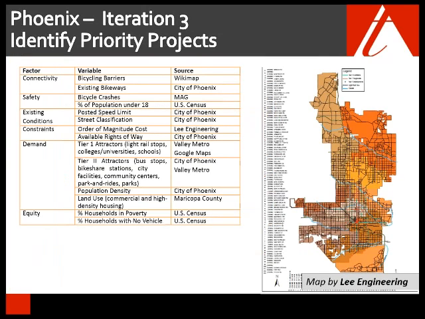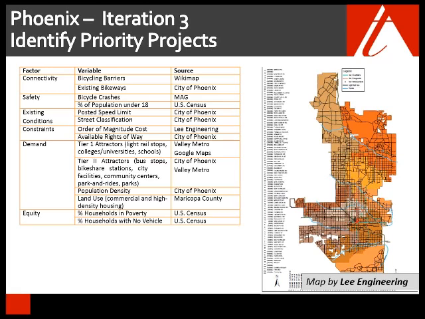In iteration 3, the consultant team used the app spreadsheet to identify top priority projects in the Tier 1 corridors. The consultant team worked with the city staff and with the technical advisory committee to identify appropriate factors. For this analysis, it was determined that all factors would be weighted equally.